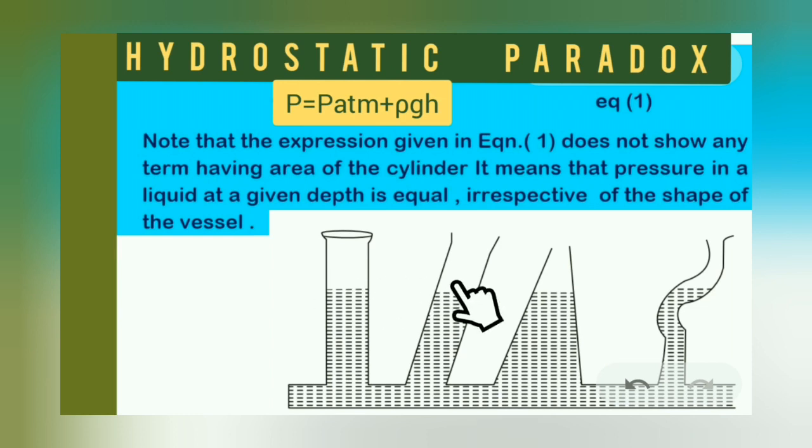Here you can see different shapes of vessels, but the pressure at the same depth is the same, because the pressure is independent of the area; it depends only on the height. This phenomenon is called the hydrostatic paradox. It shows that we have taken the liquid in different shaped vessels, but the pressure is independent of the shape of the vessel and depends only on the depth, that is, the height.